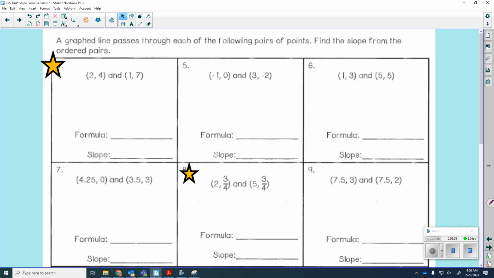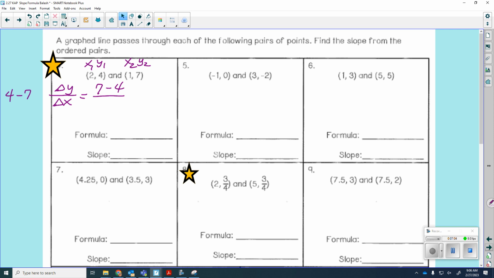So if you want, let's label x1, y1, x2, y2, change in y over change in x, 7 minus 4. So I have a question. Could I have done 4 minus 7? Yeah. Sure.